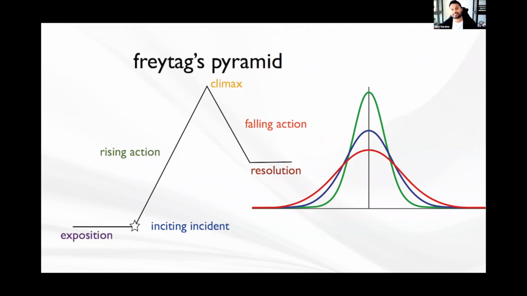And it has 6 main elements. It starts with the exposition phase. It hits an inciting incident, rather. Then there's a rising action, followed by the climax of the narrative, with then a brief period of falling action, meeting a point of resolution. Now, we're going to unpack each of the 6 stages of Freytag's pyramid as we go.